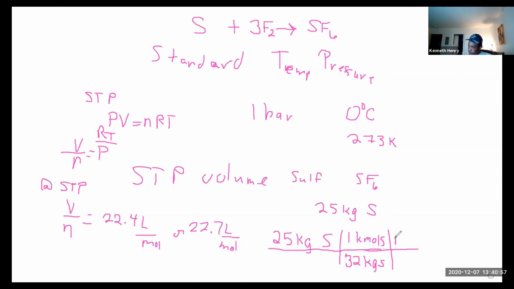So 1 kilomole of S gives 1 kilomole of SF6. So let's do that math.